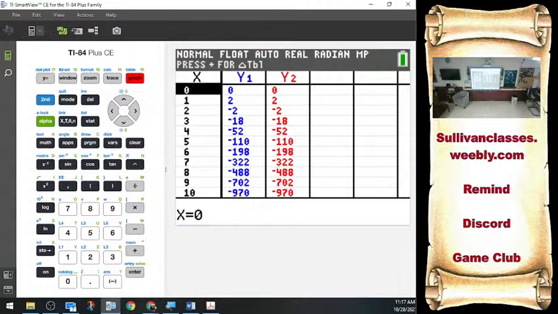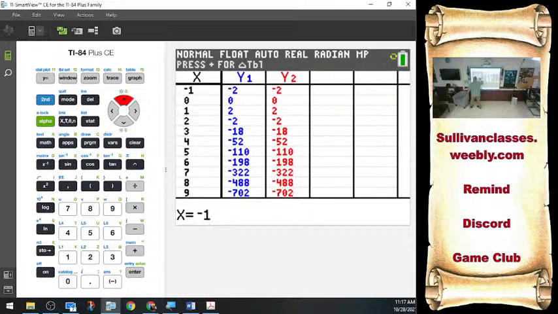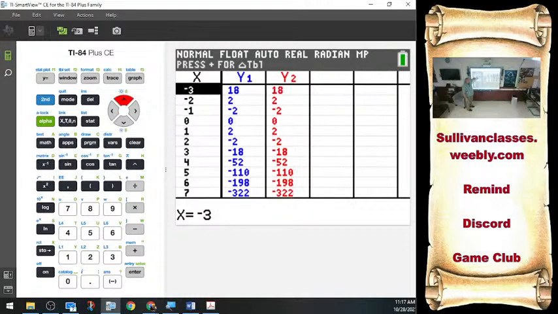Okay, so this thing gets really funky really fast, doesn't it? What I would like you to do when you plot these.